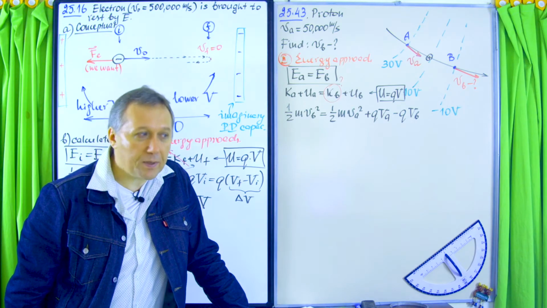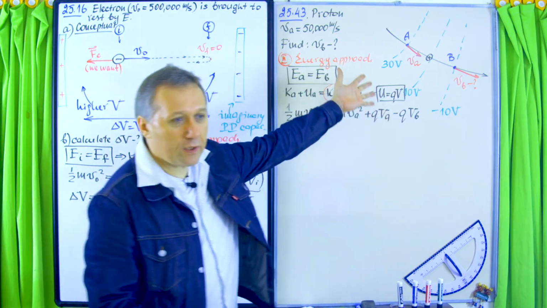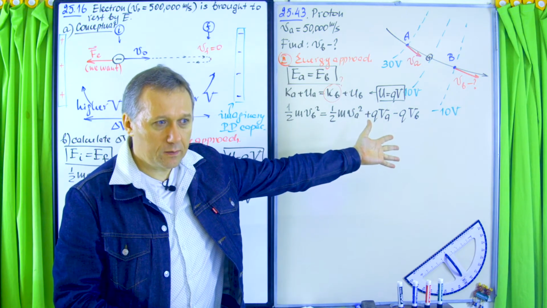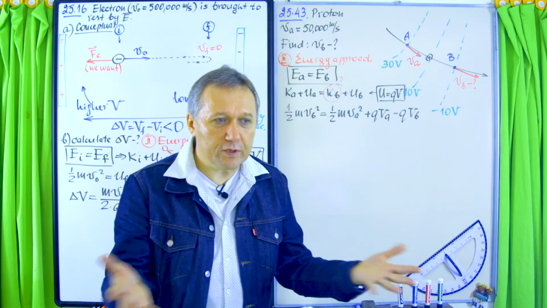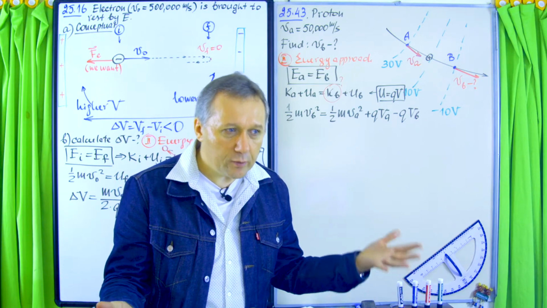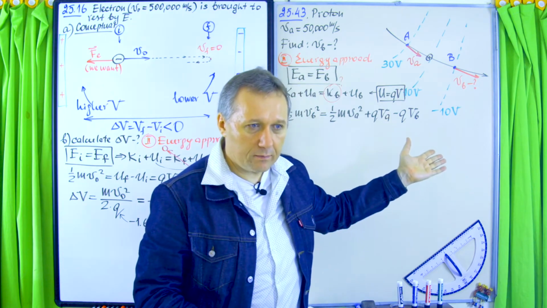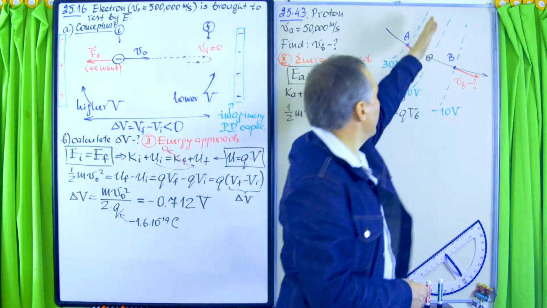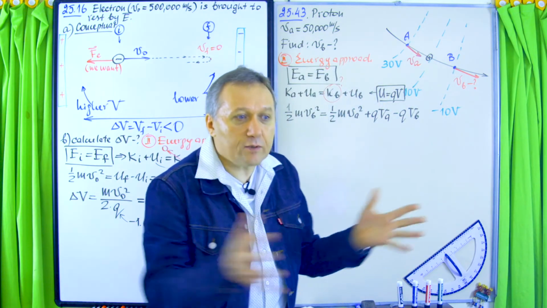It depends on, for example, your experimental setup. Let's say you created an electric field and you have only a voltmeter, and you can only map a few equipotential lines. Using the voltmeter you map, here you have 30 volts, here 10 volts and minus 10 volts.